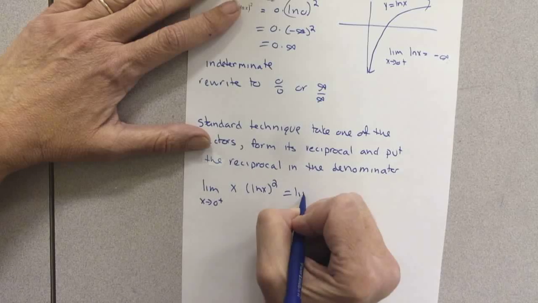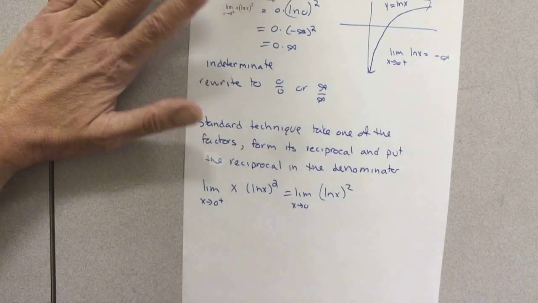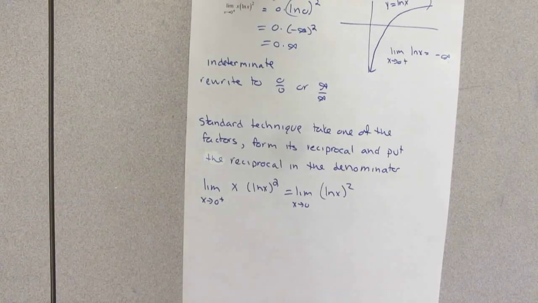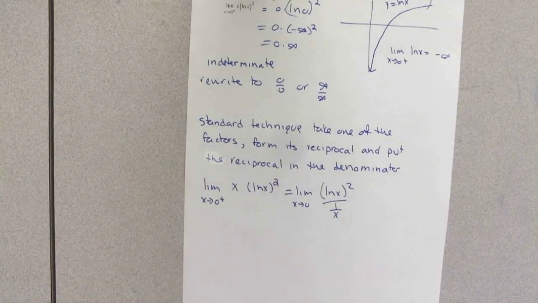So I've decided to work with x. So I'm going to leave the log x completely alone, and then I take the factor that I've chosen, the easiest factor, in this case x. Take the factor you've chosen, x, form its reciprocal, which would be 1 over x, and place it in the denominator. That's the standard trick.